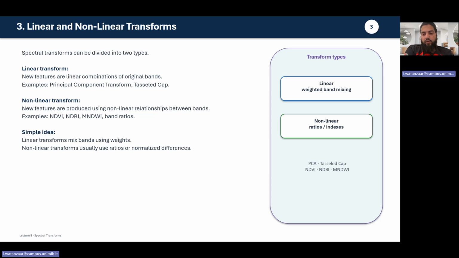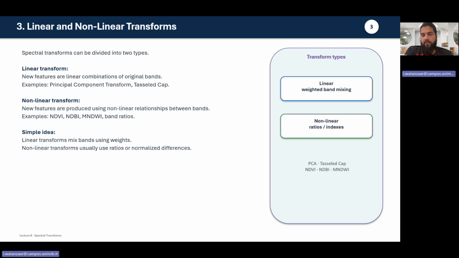If you would like to remove noise, keeping only the important information, the remainder will be the noise, so you may still want to keep those principal components also. This is how we mix bands using weights. But nonlinear transformations usually use ratios of the red, blue and green bands, each representing something different. We will look into each of these step by step.